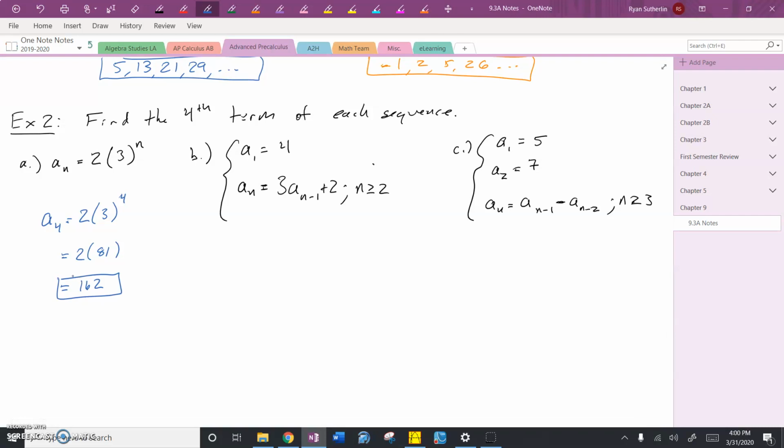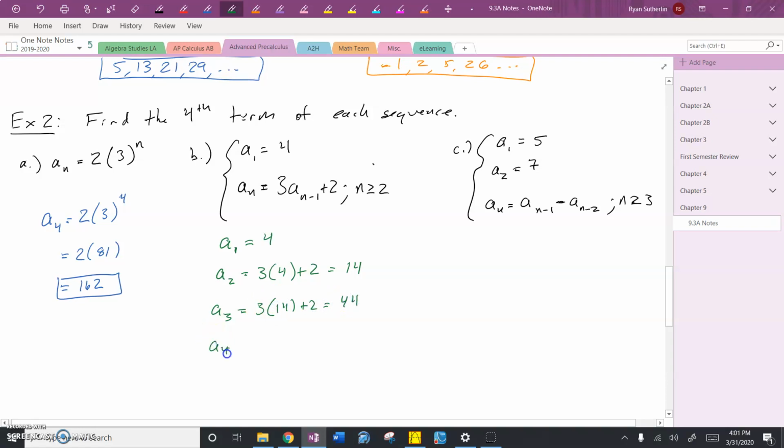For B, you have the recursive formula. The only way to get the fourth term with the recursive formula is to build it. So here the first term is 4. The second term, it says I'm going to take 3 times the previous term, which is 4, plus 2. So that's 14. Now I'm going to do 3 times 14 plus 2, which is 44.